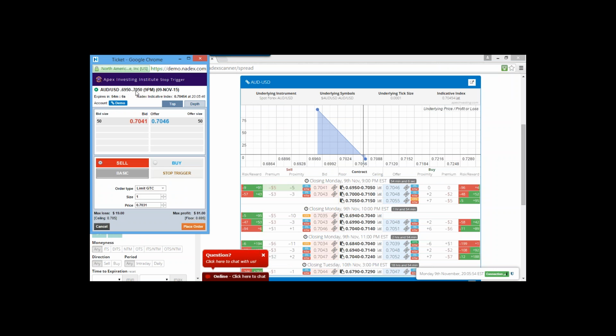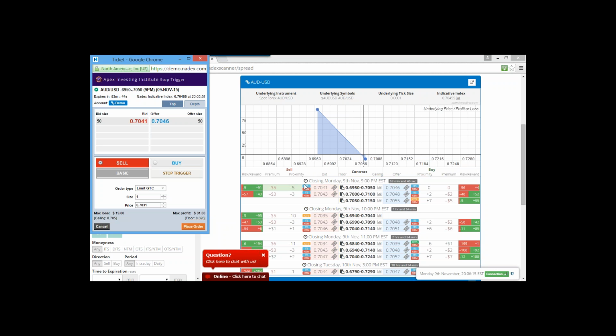Floor and ceiling, expiring at 9 p.m. You can sell it for this or buy it for this. Max loss, max profit. That's right there on your Nadex ticket.